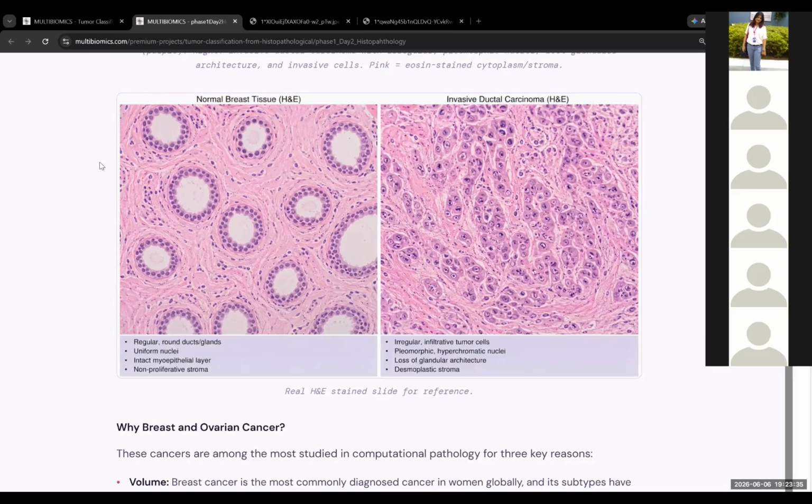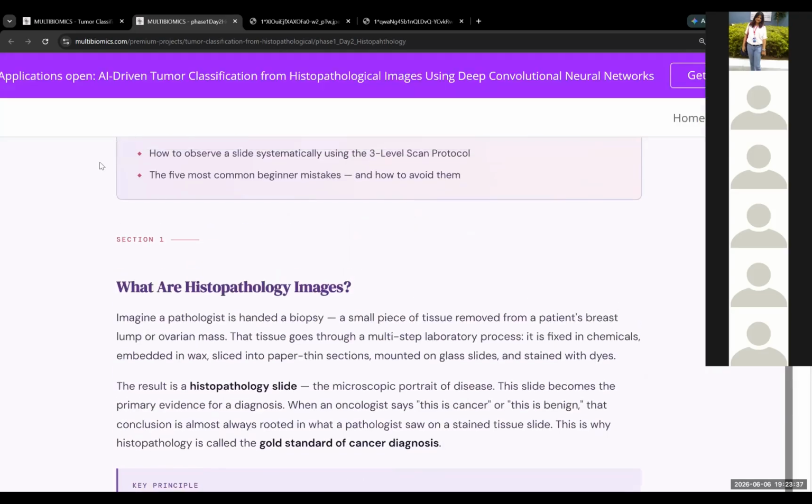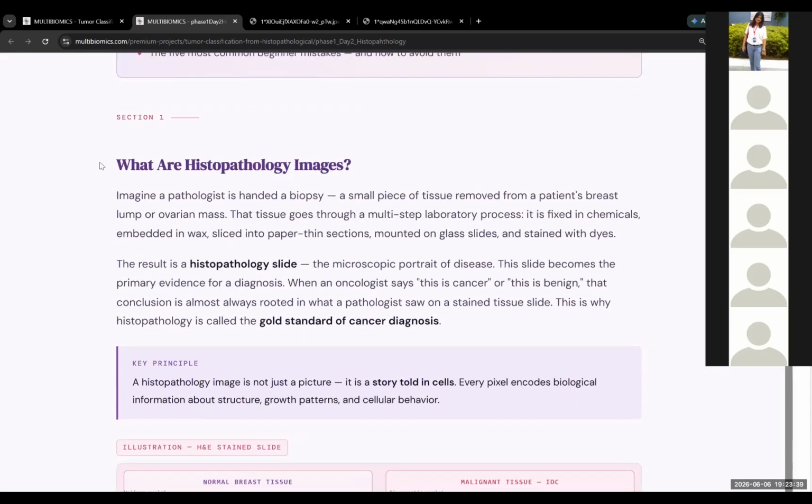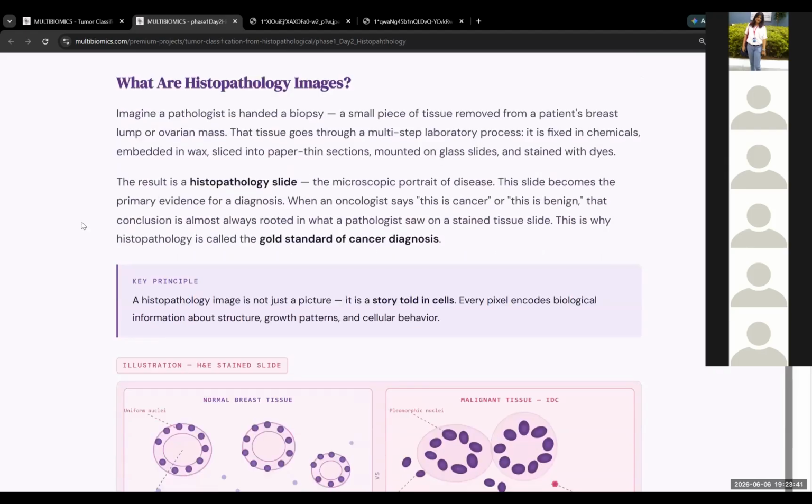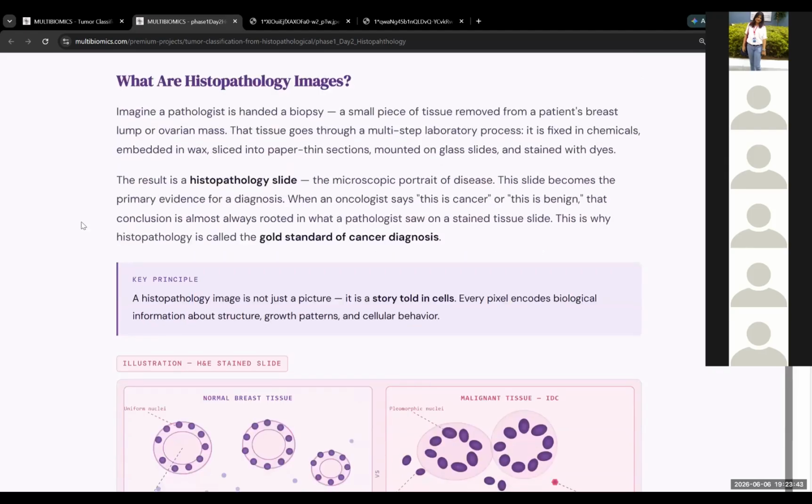But still we'll get a gist of what differences we have to look for in normal, benign and malignant slides, and that's what we will feed in your Python code, and we'll tell the system to look for those patterns. Okay, so I guess I have covered most of this.